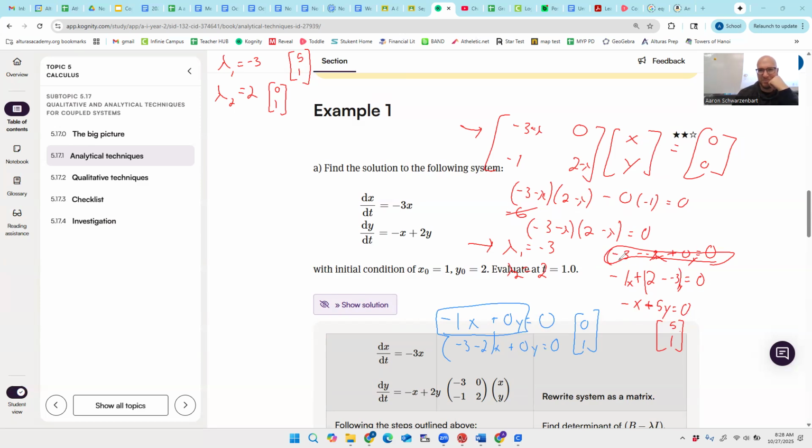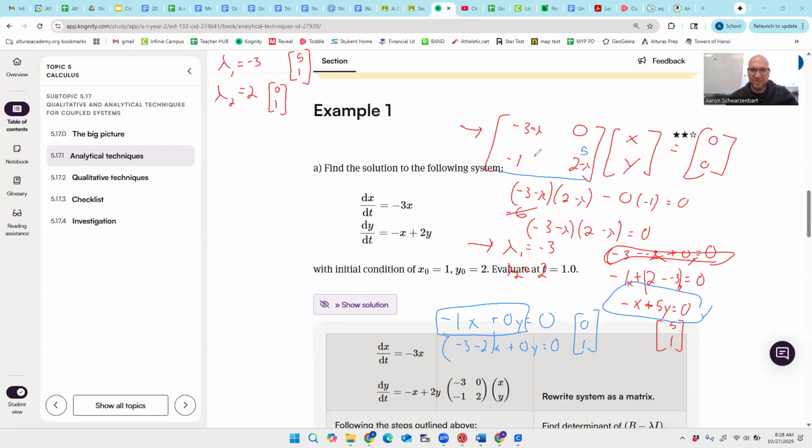This one, -1 times x plus, when I plug in -3, 5 plus 5y equals 0. So if I pick an x and a y, it's 5 and 1. Take this matrix, I plugged in -3, right?